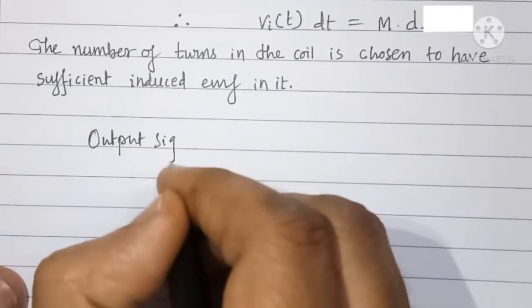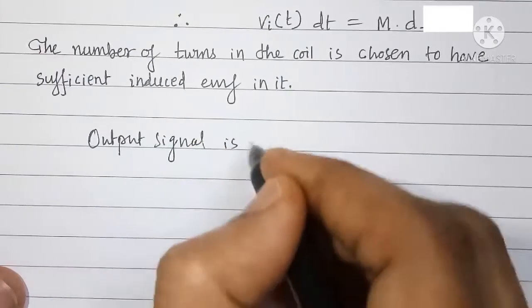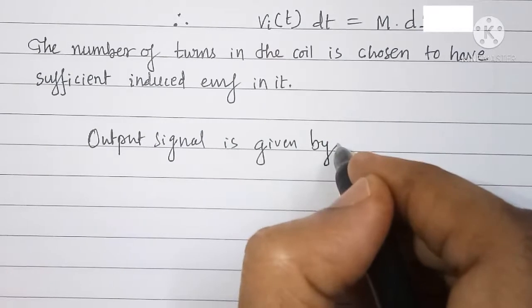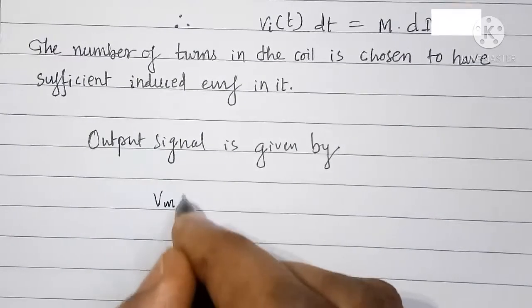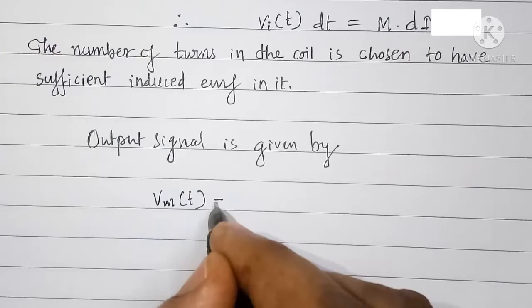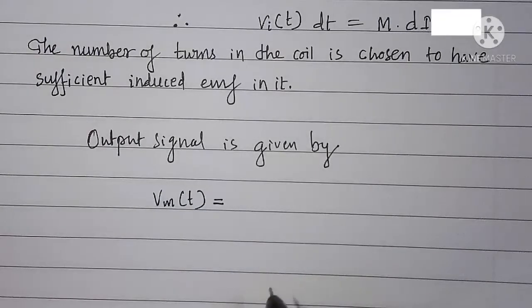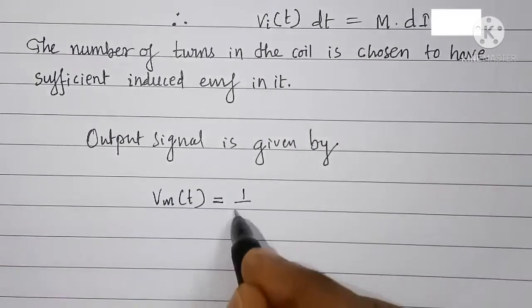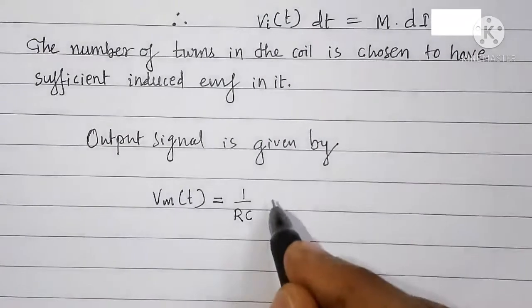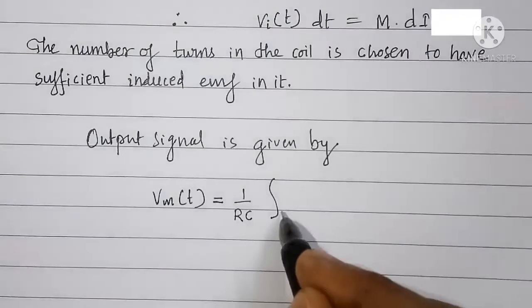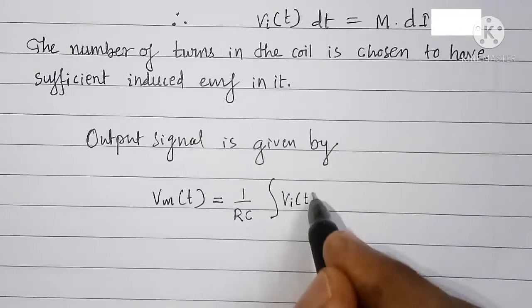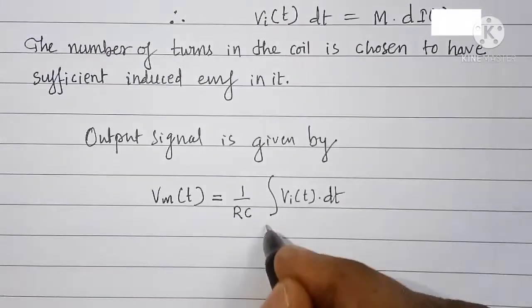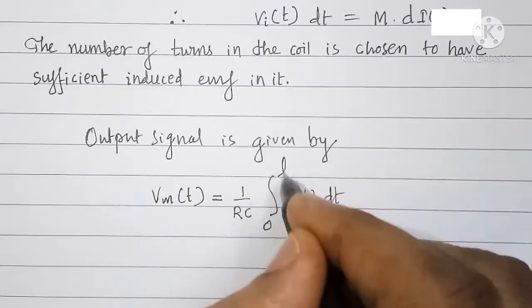Output signal is given by Vm of t equal to one by RC into integration of input voltage with respect to time from 0 to t.